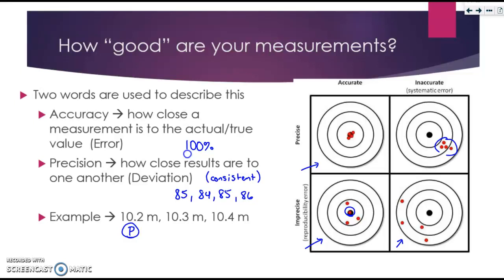Hopefully you're thinking, I don't know because I don't know the actual or true value. If I told you that the actual measurement was 10.3 meters, you would tell me, yes, you're accurate. But if I told you that the actual measurement was more like 20.8 meters, you would say, whoa, we are definitely not accurate. Let's move on.